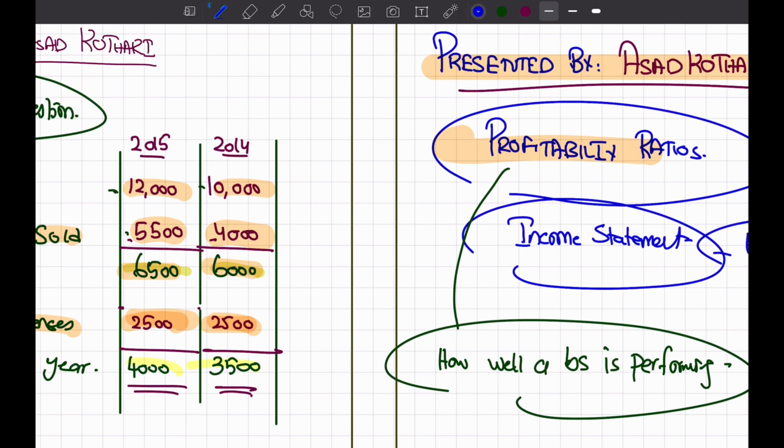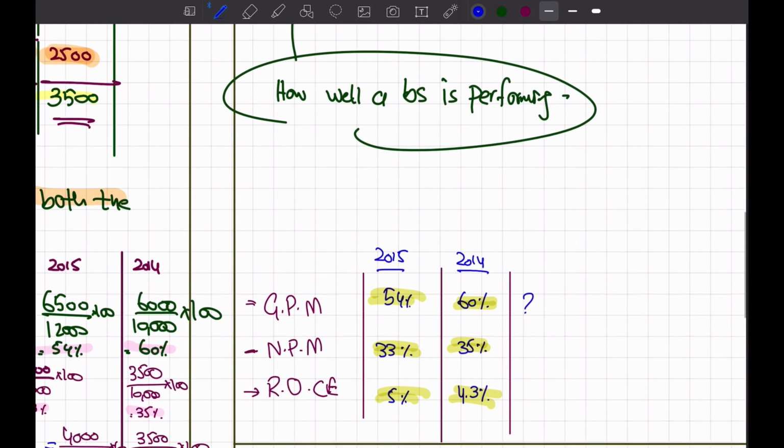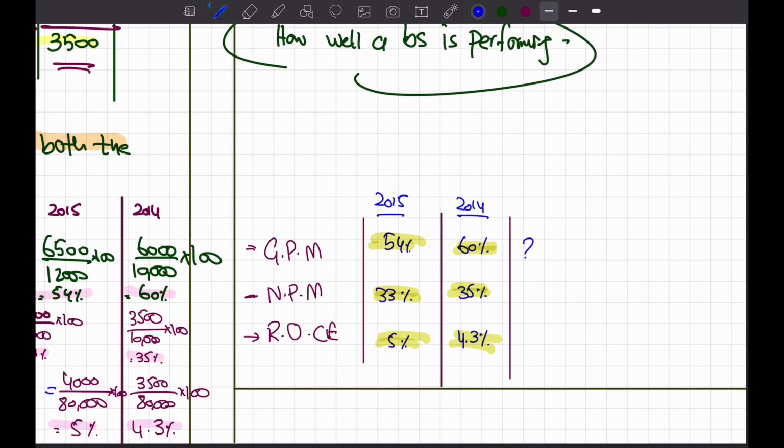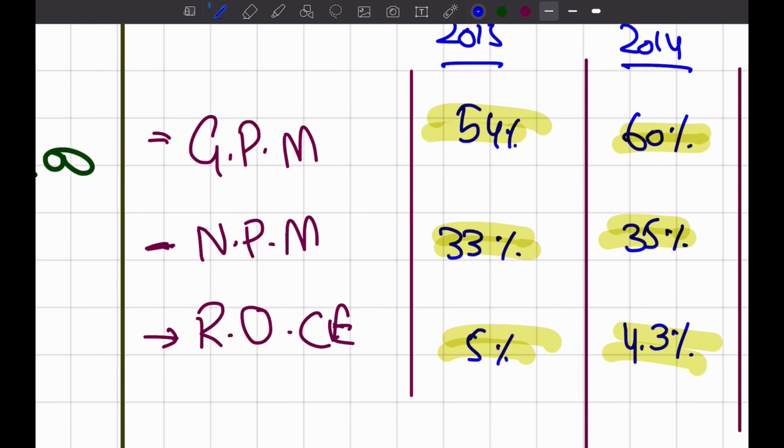Look, before I go into details, what you can just remember is that many students just compare these, like comparing 60% and 54%, and say it is bad. For net profit margin they see the decrease from 35 to 33, so we can say that no, it's a negative change. Return on capital, we need, okay, you can do that. You can just write the gross profit margin has decreased from 60% to 54%, and this can be referred to as a negative change.